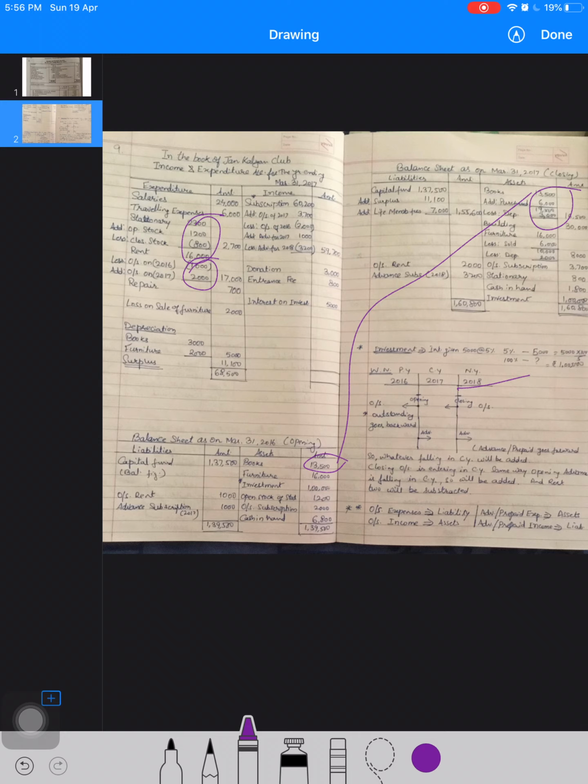So whatever is the balance, that means 19,500 was the total of this year, but our value of books is 16,500, so whatever remains will be treated as our depreciation. Here the word depreciation is not directly given, but whatever the difference is will be treated as depreciation, and this 3,000 depreciation we are writing on the income and expenditure side. Clear?